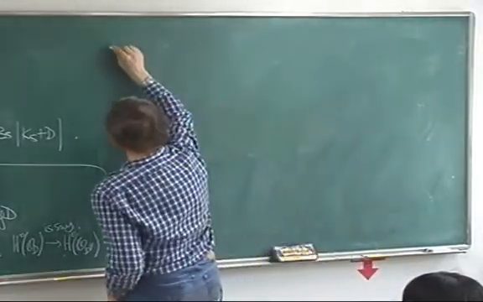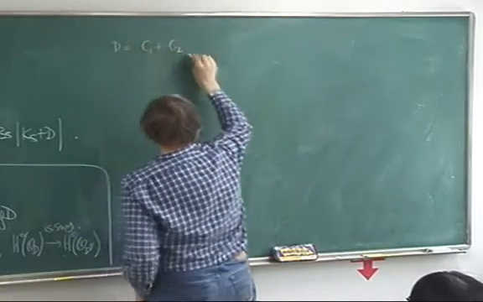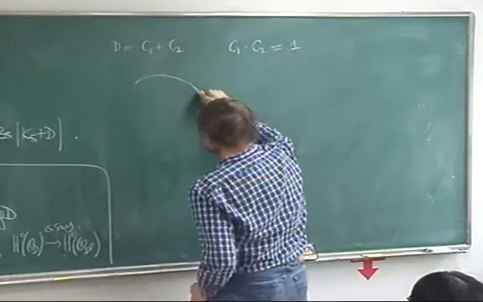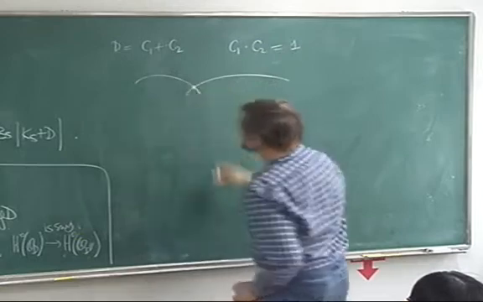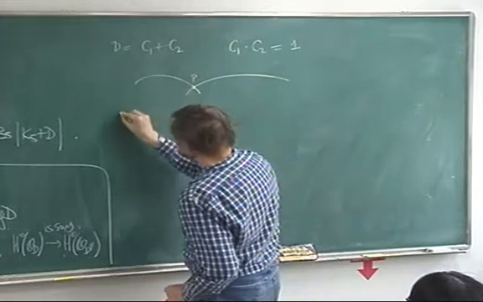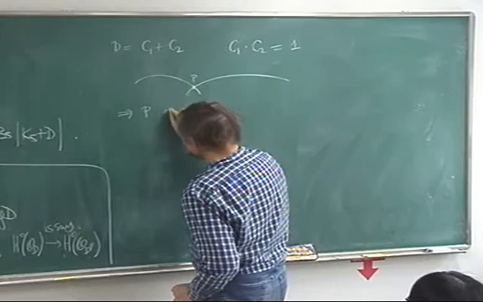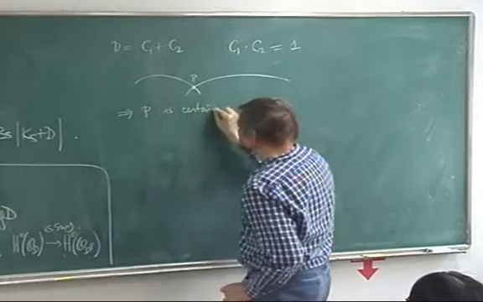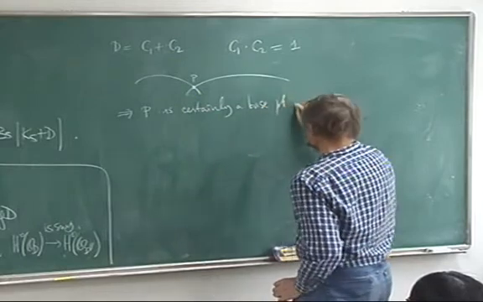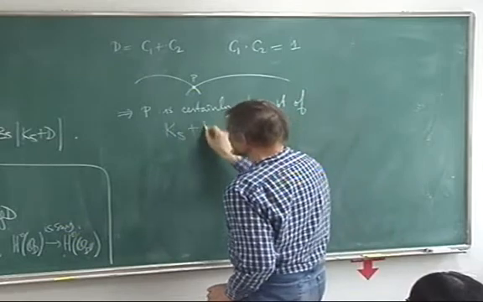So, for example, if D is C1 plus C2, and C1 times C2 is 1, so this is something like this, then P is certainly a base point of K_S plus D.